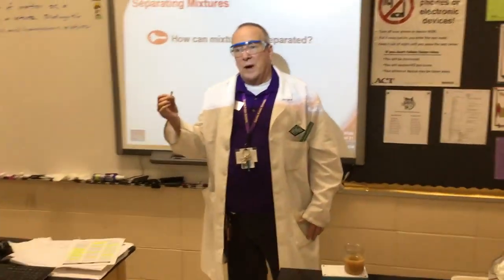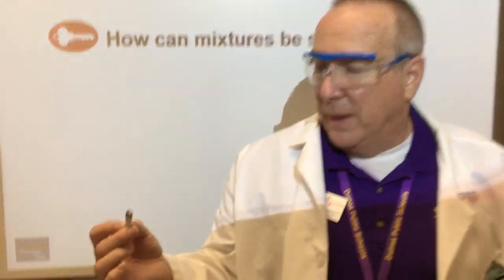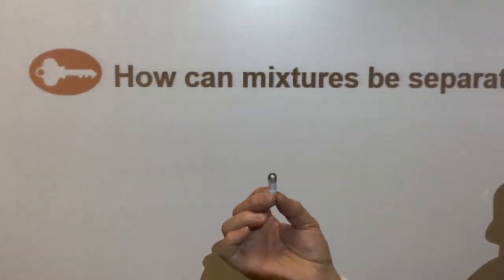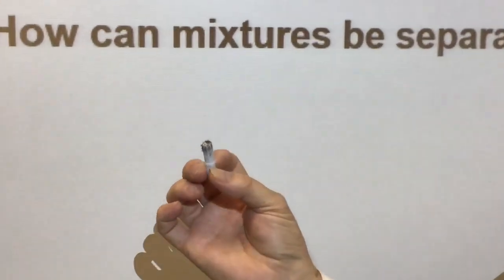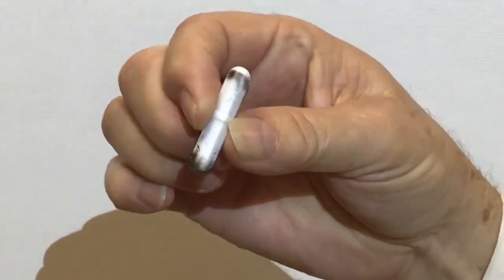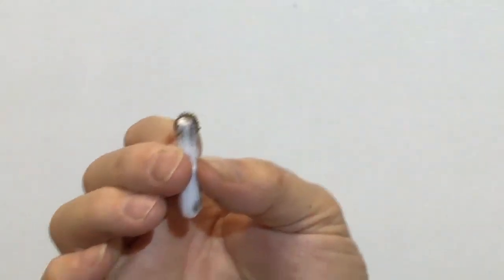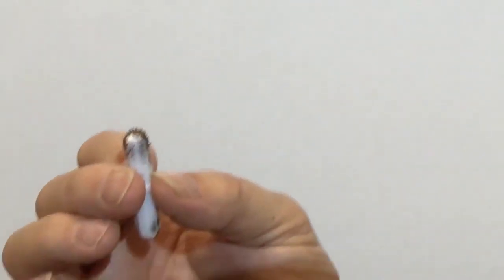I'll also try and magnify it. I have a magnifying glass right over there. But I have a stir bar, and you can see the little iron filings attached to the magnetic stir bar that came out of the Total cereal.